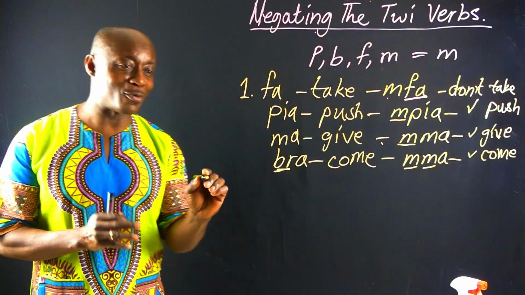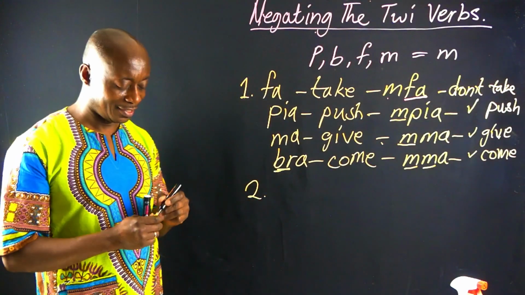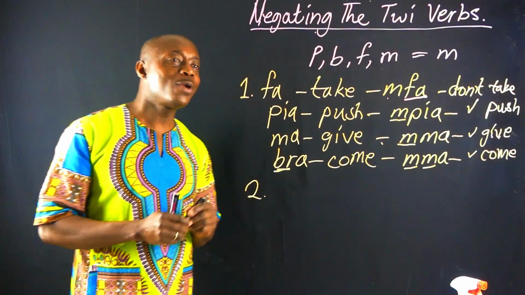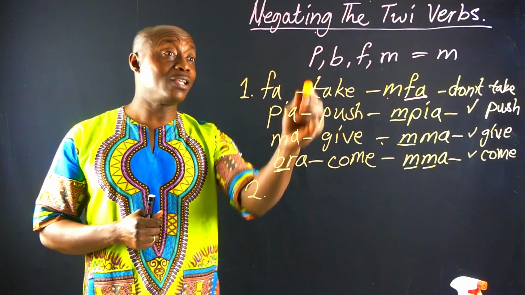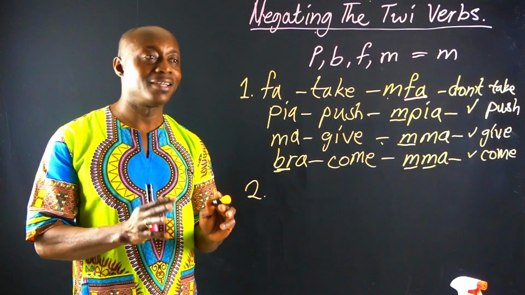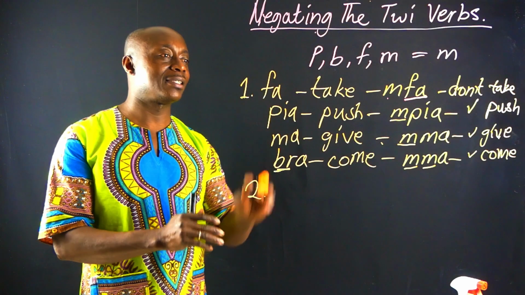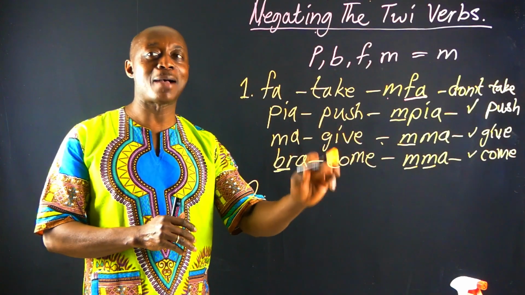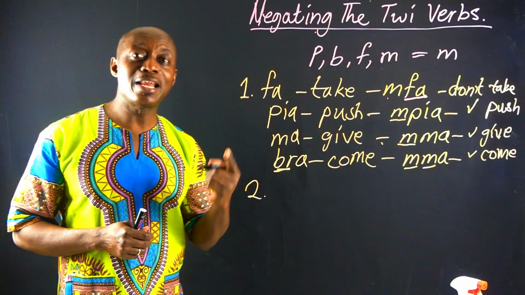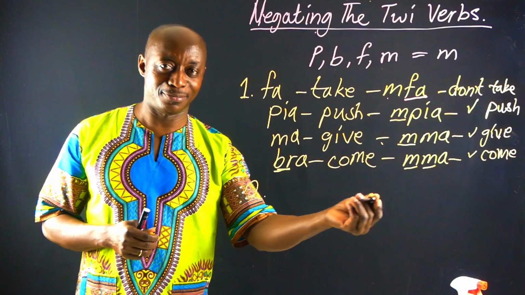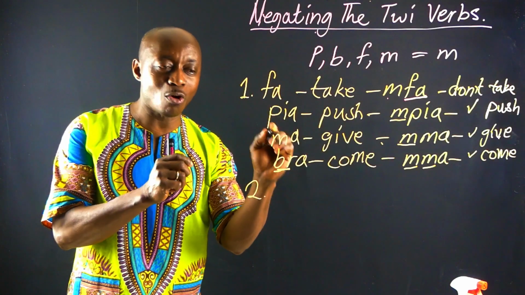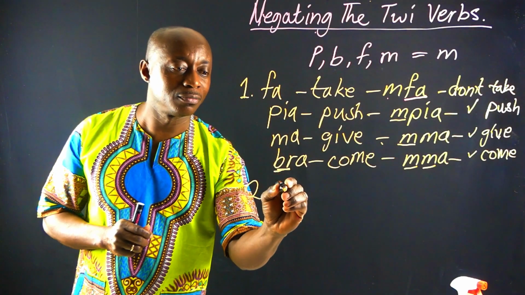Let's go to the second rule. The second rule is simple. We know that if a verb begins with these consonants, then they should be prefixed for them to become what? Negative. Good. If in the process of prefixing the verb with M, you get these combinations, and that is what?